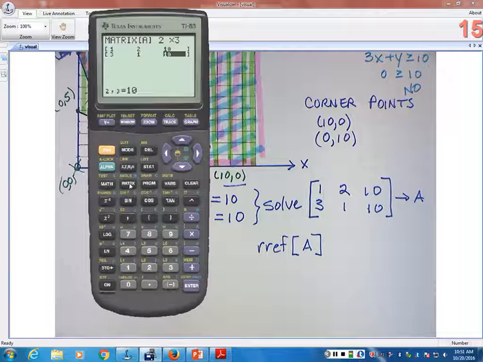And then quit from there. Check that you've entered matrix A correctly, and we have.